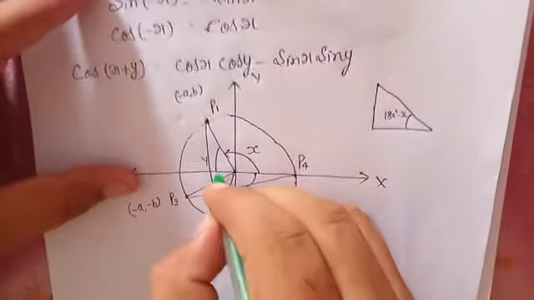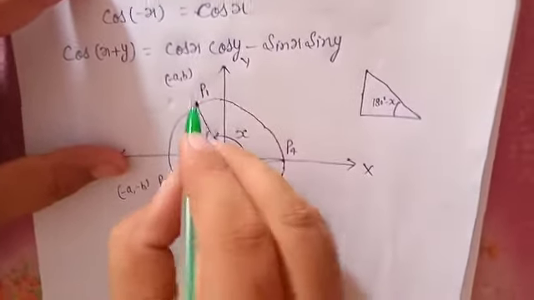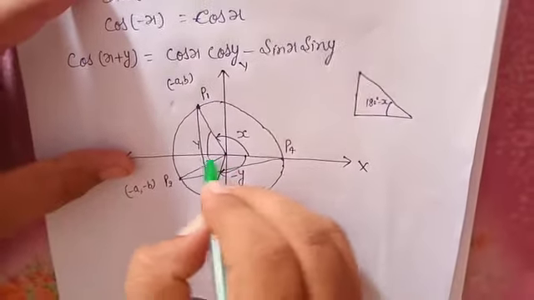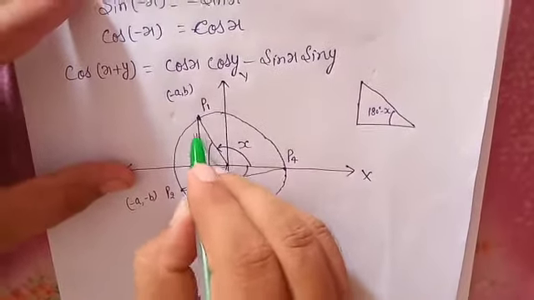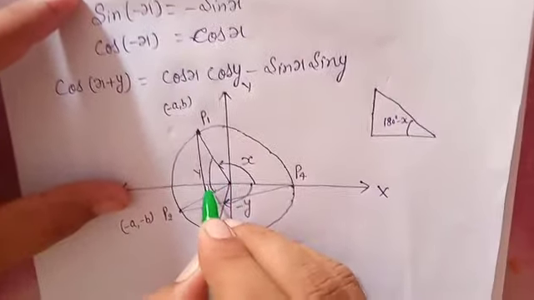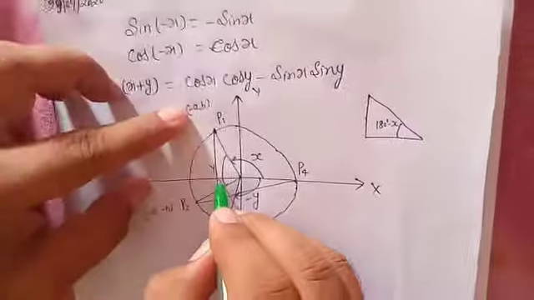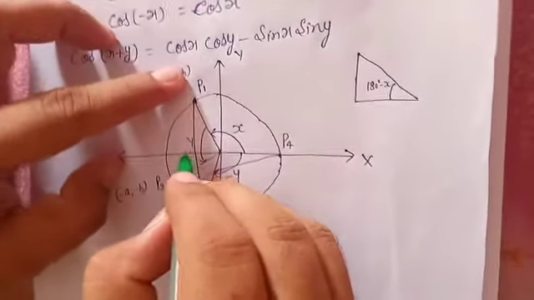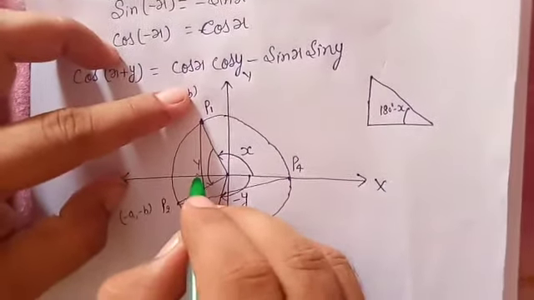We are taking till here. We have to find out the coordinate of this point. So we have to find out this and this. This is what? X coordinate, which we are saying minus A. And what is this? This is the y coordinate. We are saying B here.